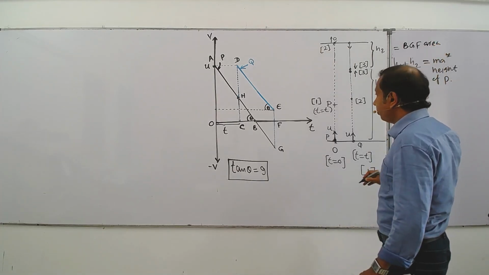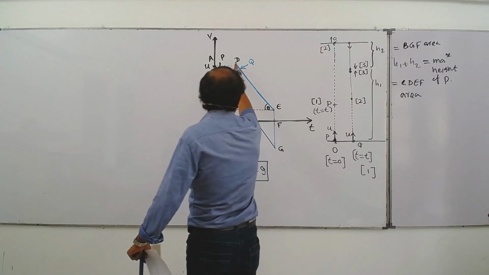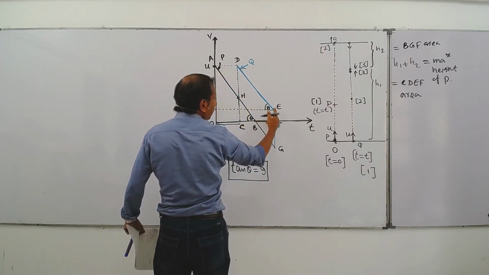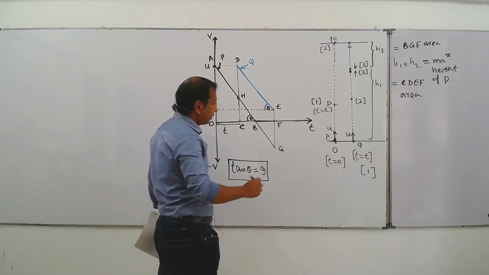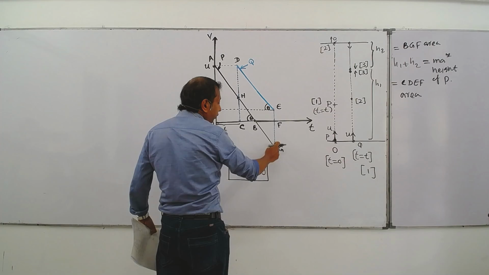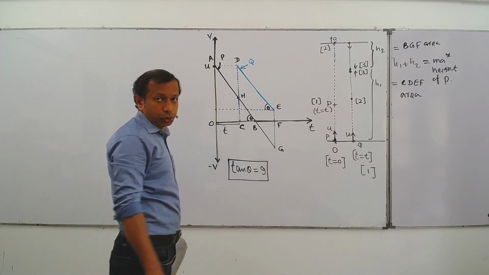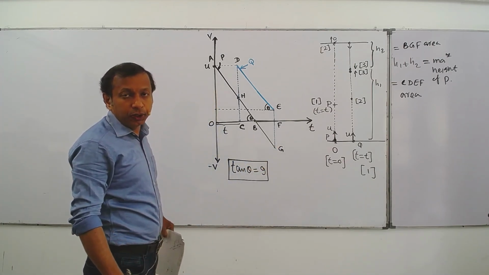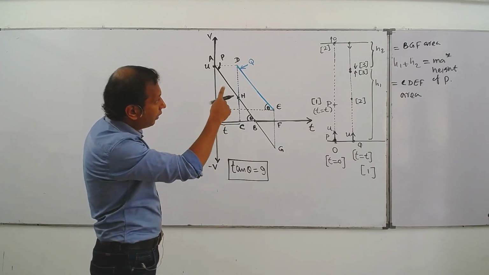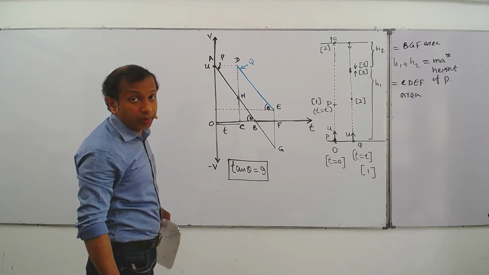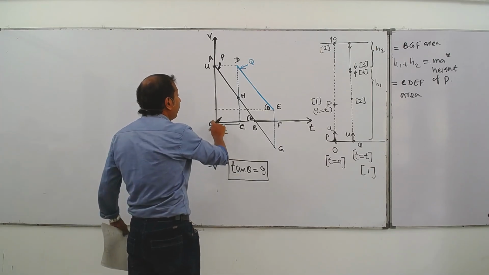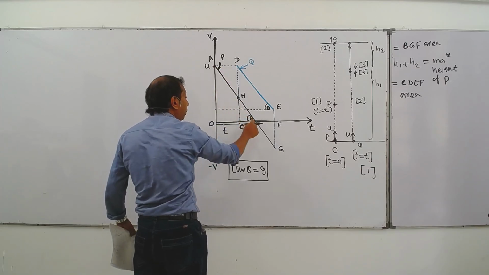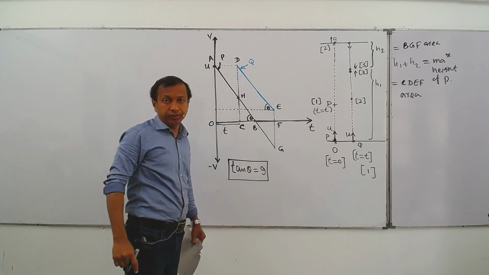Then you can see C, D, E, F area is H1 plus B, F, G area is the H2. That total should be equal to the maximum height attained by the particle P. That maximum height attained by the particle P is given by O, A, B area.